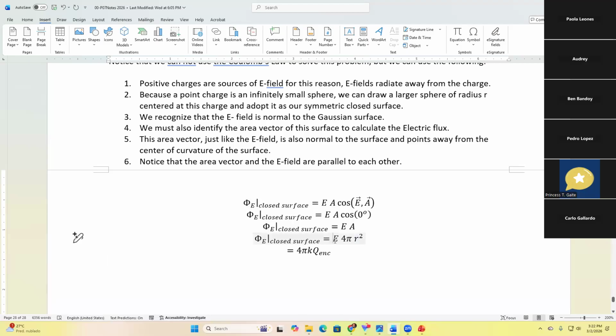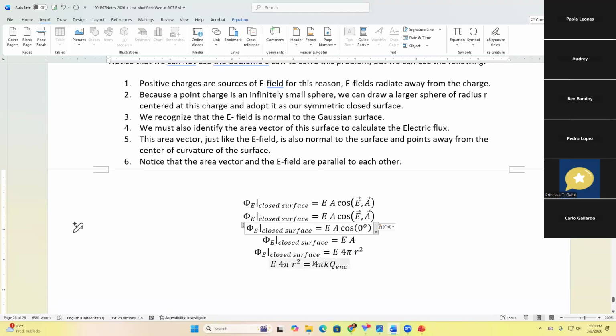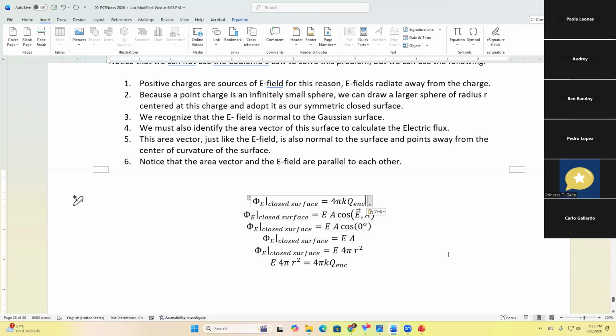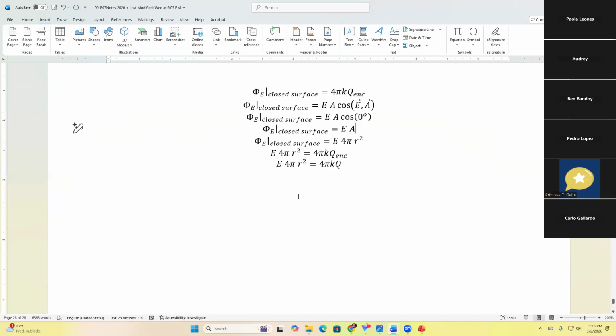And now this 4 pi r squared times E must be equal to the right side of Gauss's law. I'm going to just repeat what I have at the top, but I want you to be reminded that we still have this term on the right side. The Q enclosed is nothing but Q itself, total Q. And look what we get: 4 pi cancels out with 4 pi.